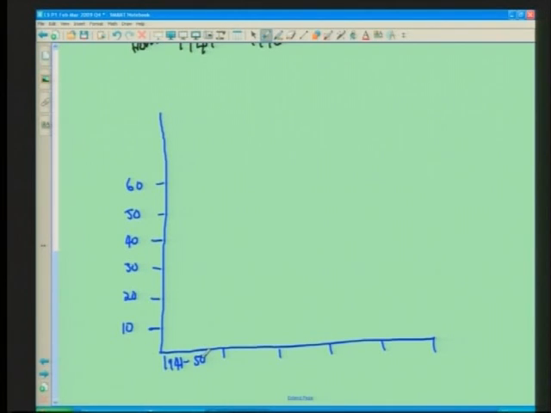We've got 1951 to 60. We've got 1961 to 70. And we've got 1971 to 80. And we have 81 to 1990. Those are our different periods.